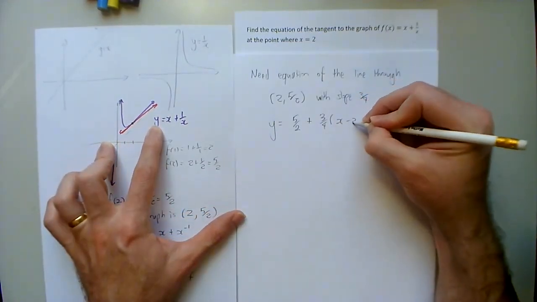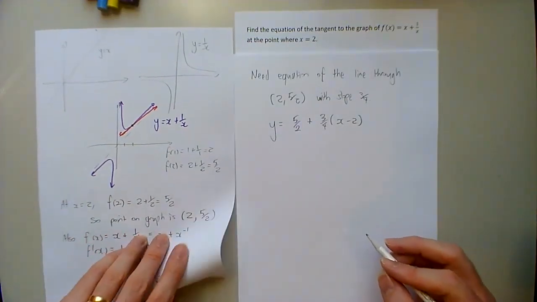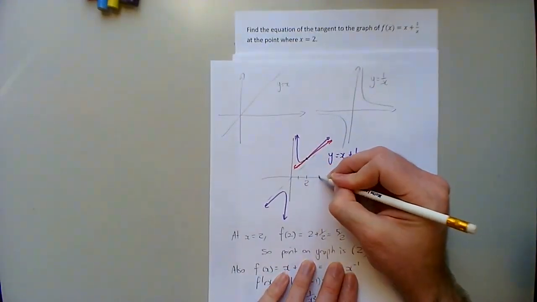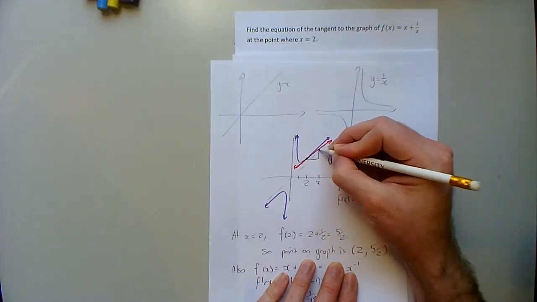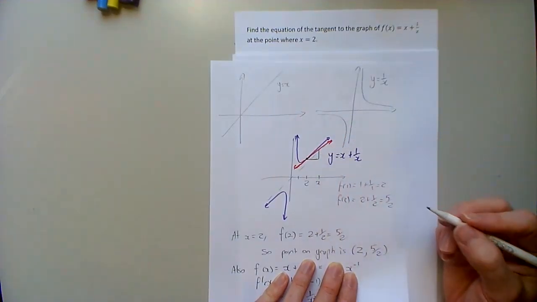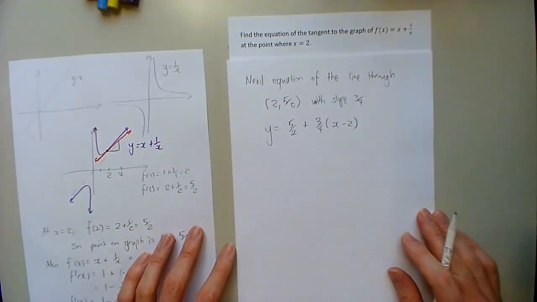So if you go x minus 2, that'll do it. So let me just draw that on this diagram here. That's 2, and that's x. We go x minus 2 there and 3/4 times x minus 2 up, because that's what the slope is. Okay, so that's the equation of the line.